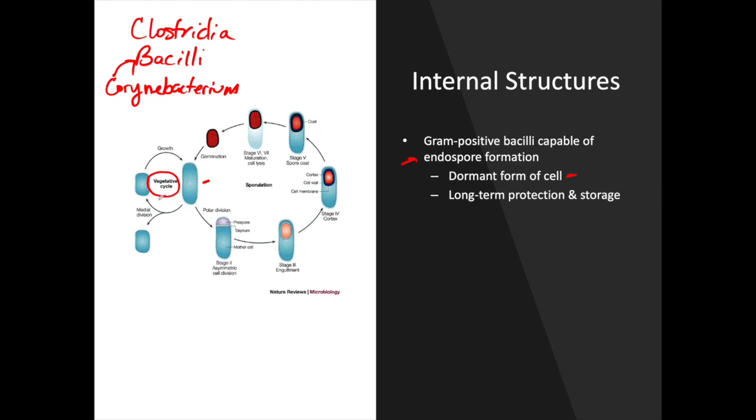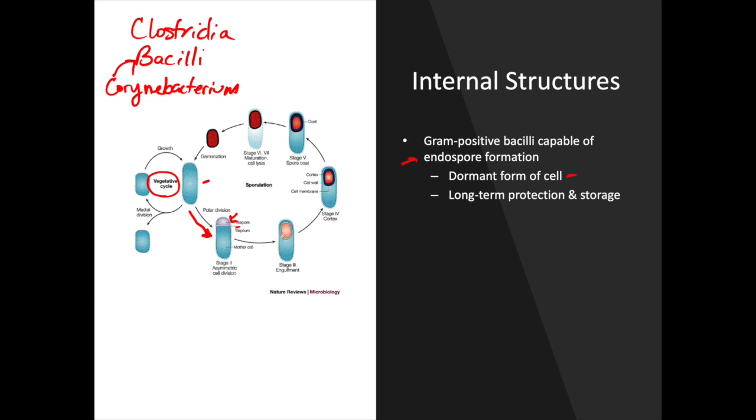It's a hostile environment. So the cell makes copies of all of its genetic material, a couple of new ribosomes, takes everything and starts walling it off in one region of the cell, starts building this little septum structure out of cell wall and starts surrounding that copy of everything in peptidoglycan, almost as if it's going to create a new cell.